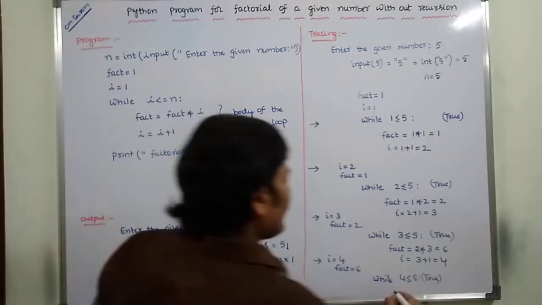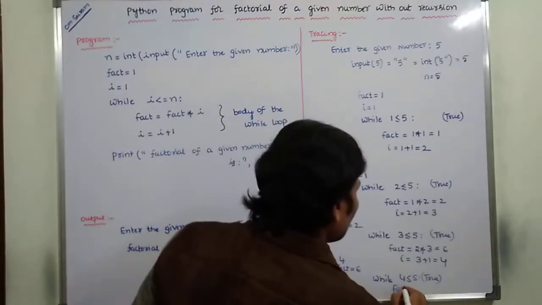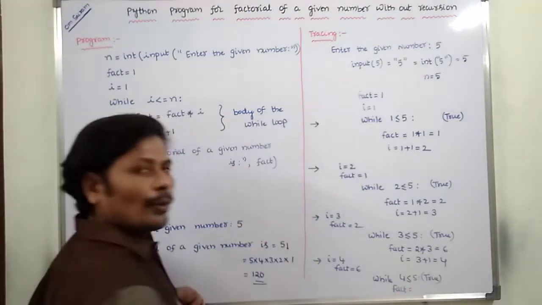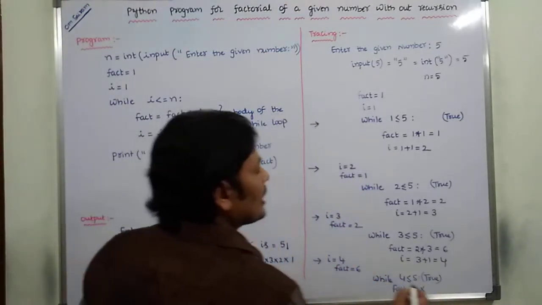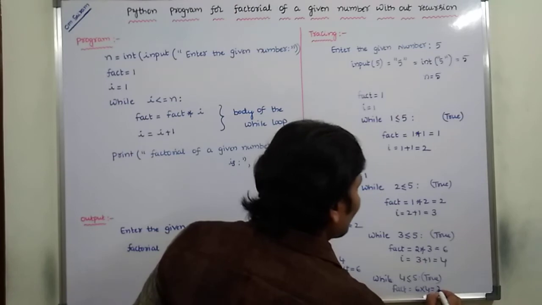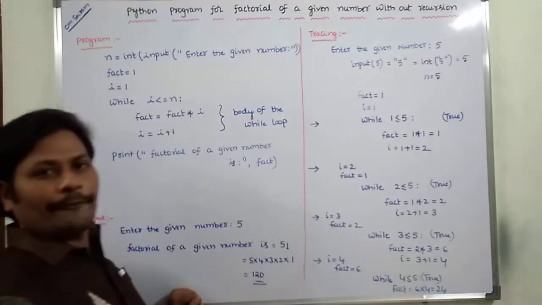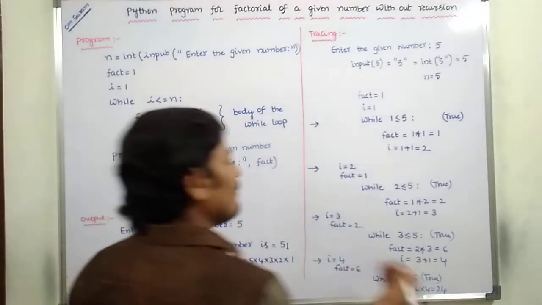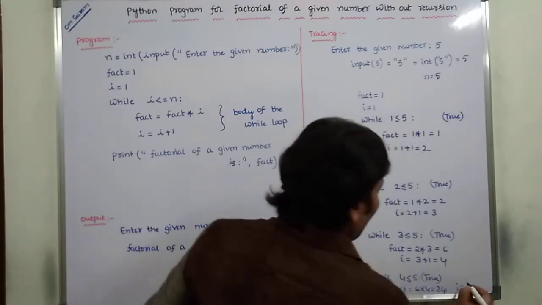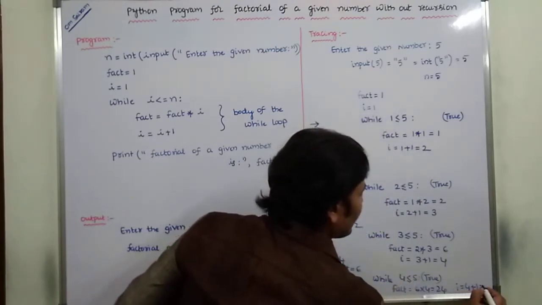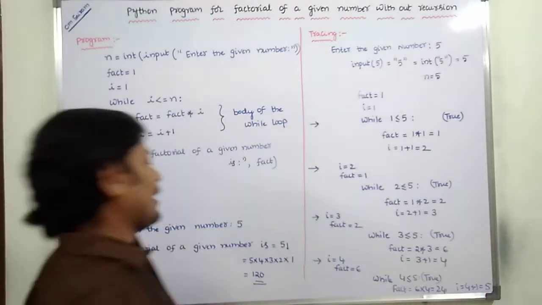Next, fact is equal to fact into I. Fact value is 6 and I value is 4. 6 into 4, that is equal to 24. Next, I value is incremented. Now I is equal to 4 plus 1, that is equal to 5.